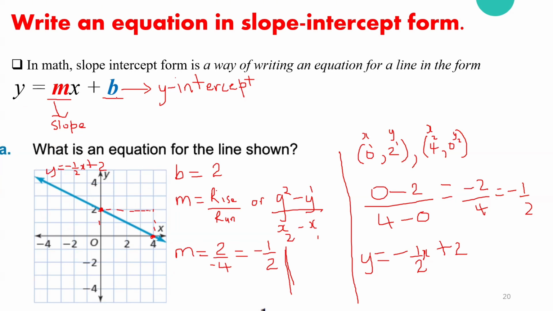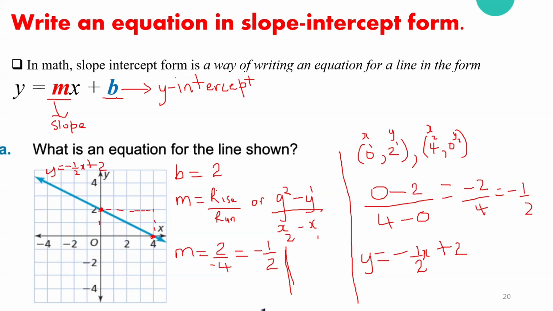And to find the slope, we either use rise over run by taking 2 points, forming a triangle to see how many times you rise and run to get to that other point, or you can use the slope formula, y2 minus y1 divided by x2 minus x1. To use that formula, again, you need 2 points on the graph. Choose whichever 2 points you need, substitute them in the formula, and find your slope.